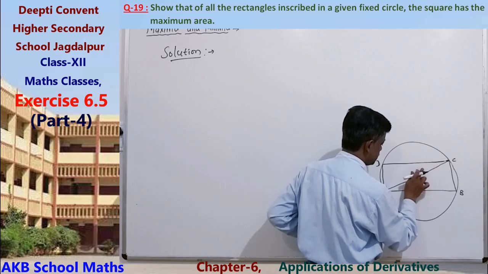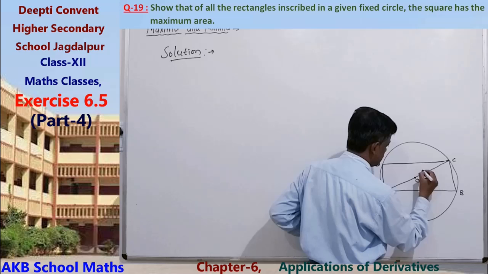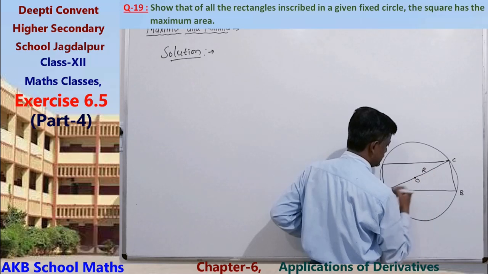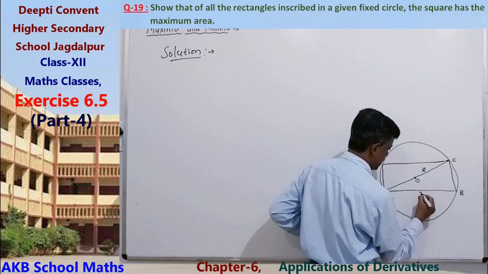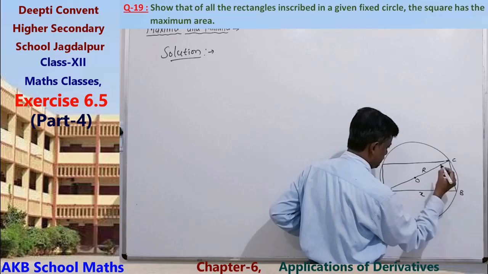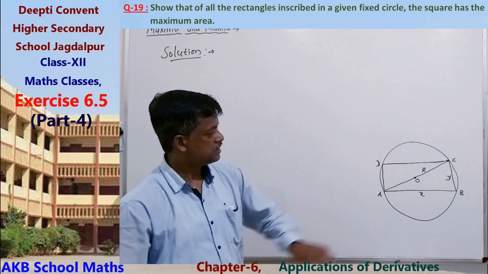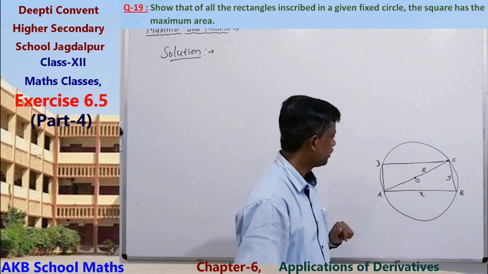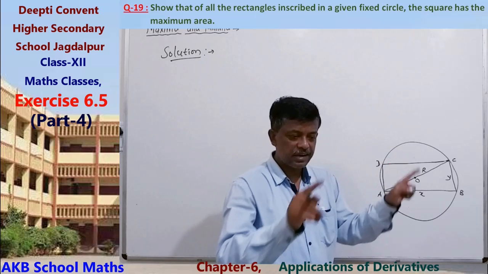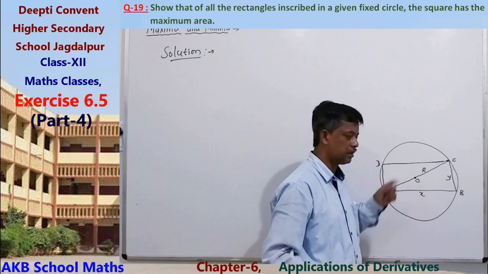Suppose R is the radius. Length is X, breadth is Y. That is, this is a given circle and we have inscribed a rectangle in this circle.